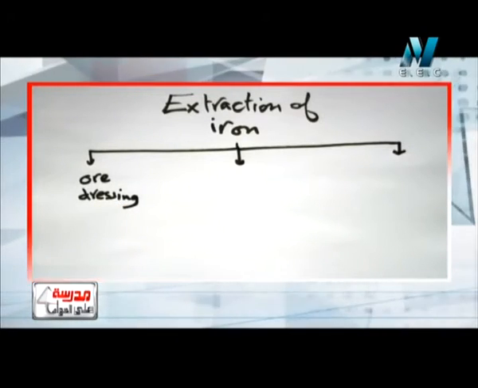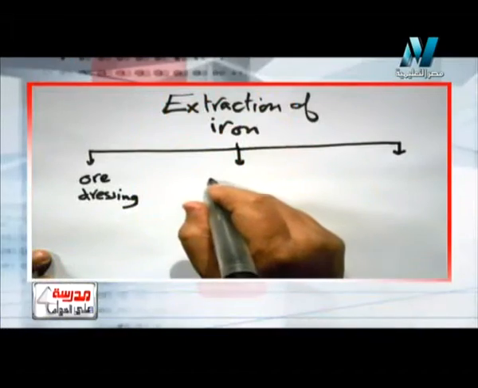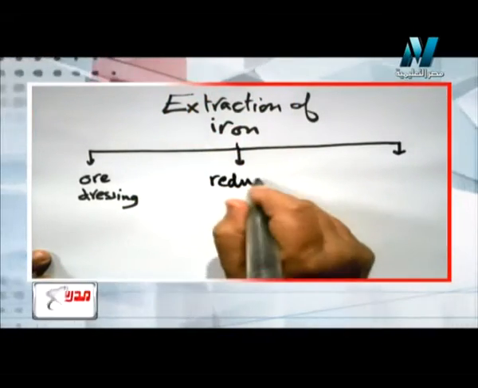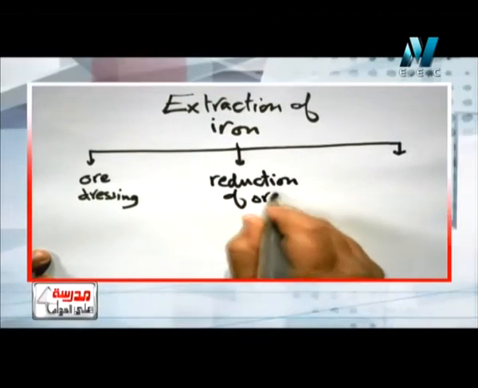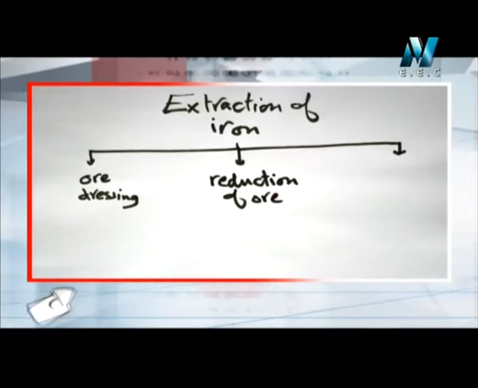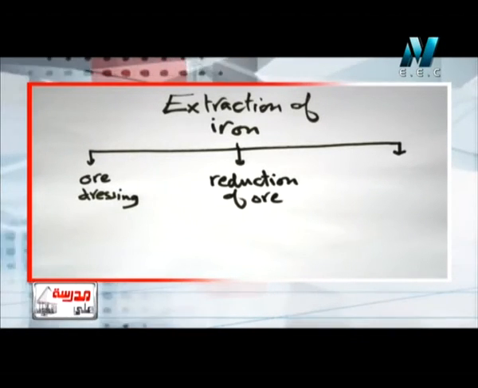Dressing means to improve the physical, chemical and mechanical properties of the ore in order to be in a suitable form for reduction in the furnaces. So the second step is reduction of ore. How to get iron from this ore.